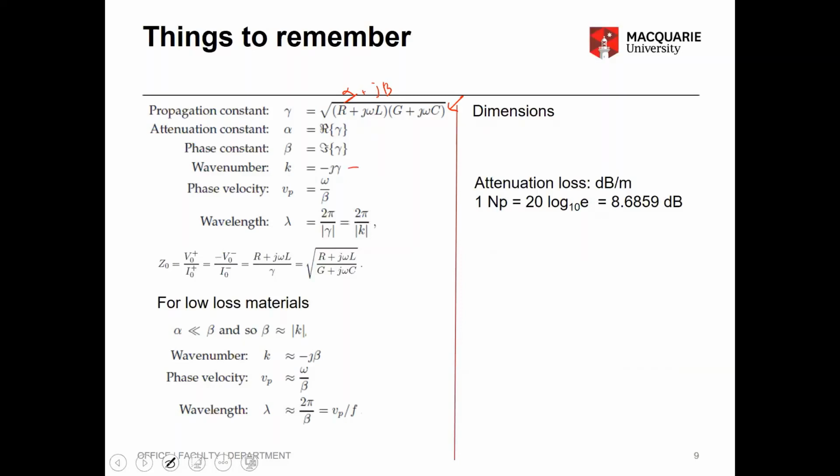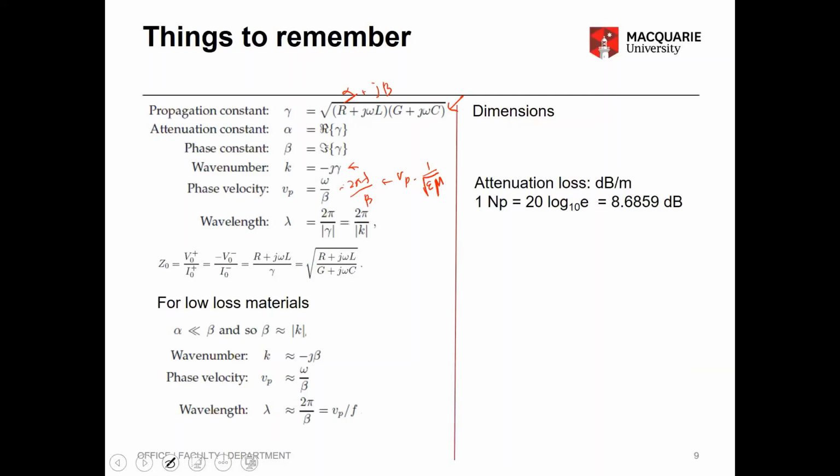There's another thing that we call the wave number. We won't be using this, but I just listed it for completeness. Now the phase velocity that we talked about before, Vp, is 1 over the square root of mu epsilon, and it can also be found with omega over beta, that is 2 pi f over beta, if you know the phase constant.